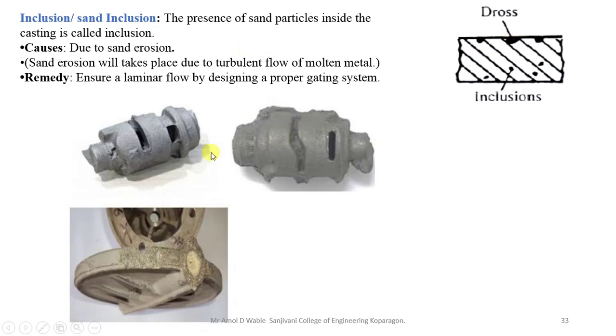Here is a component where you can see these shapes are nothing but sand inclusion. Due to sand erosion, as I told, sand erosion takes place due to the turbulent flow of molten metal. So ensure a laminar flow by designing a proper gating system. For this reason, we have to design a proper gating system.